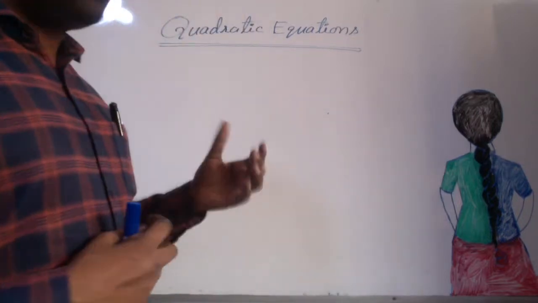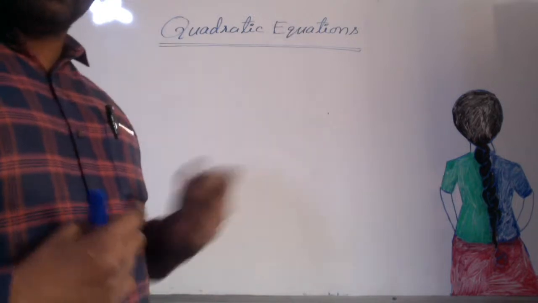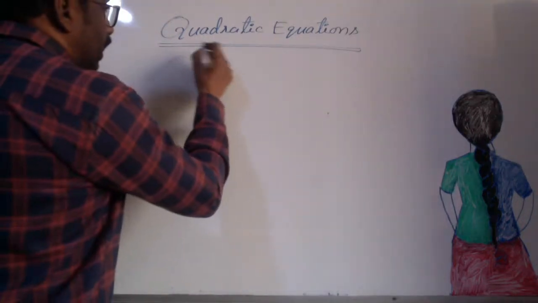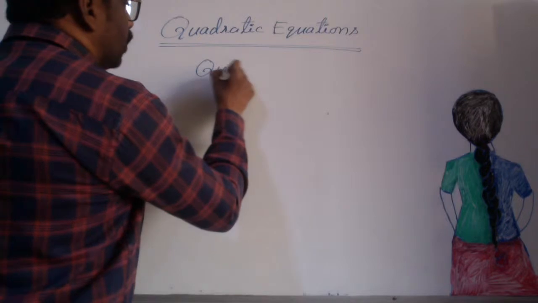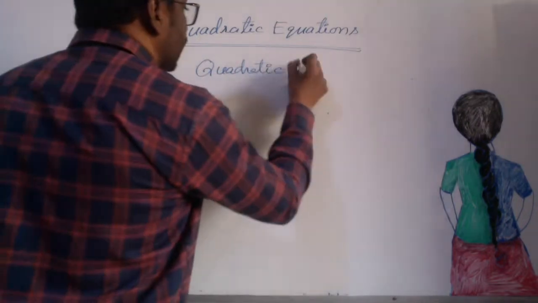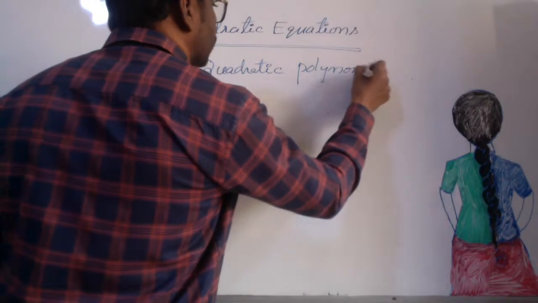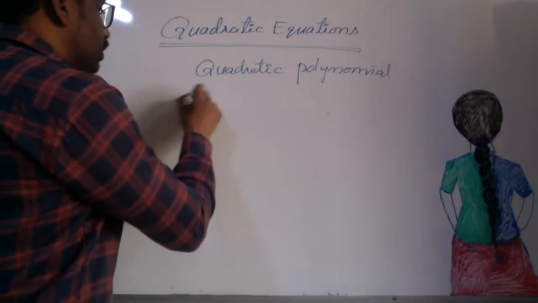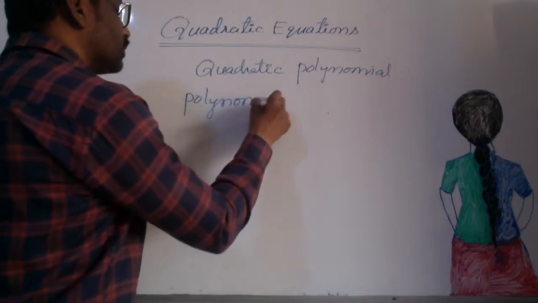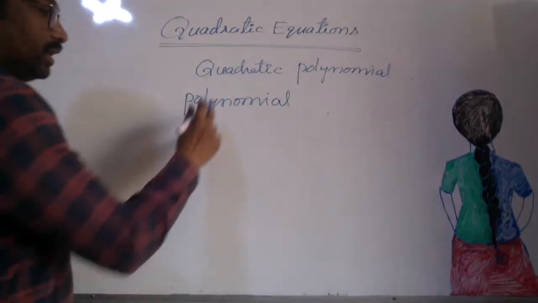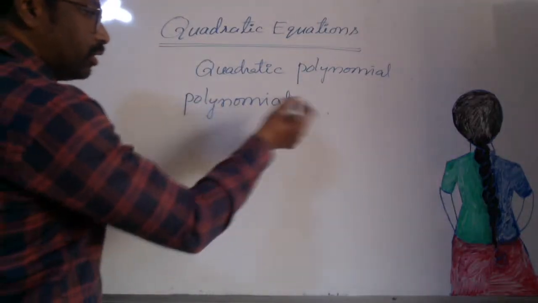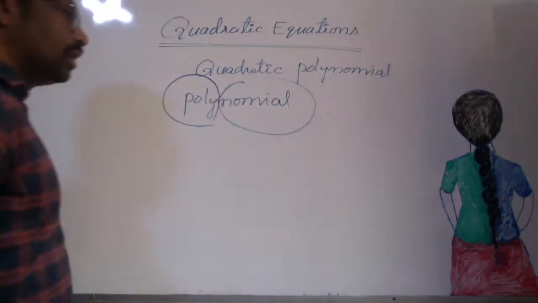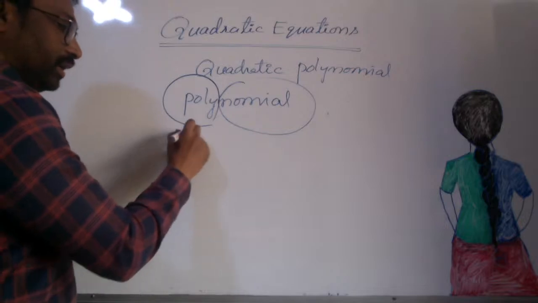Before we discuss this, I will start from the basics. Quadratic polynomial, which we have already learned in the polynomial chapter. So what is a polynomial? In the word polynomial there are two syllables: poly and nomial.